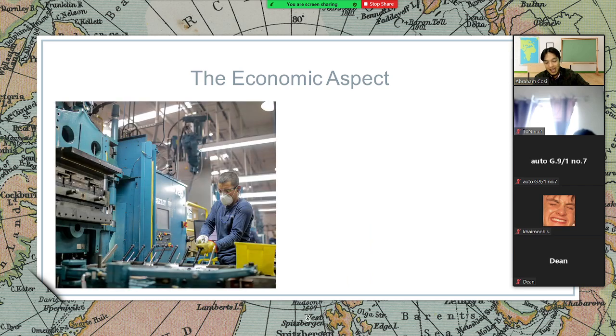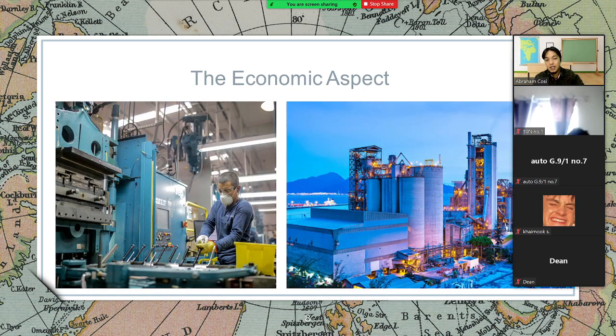The next aspect we're going to discuss is the industry aspect. Industry is the production, or mass production, of products or goods, which is mostly held in a factory.